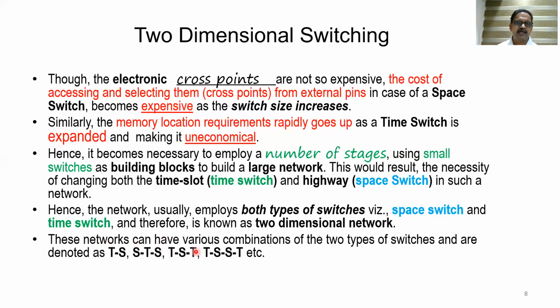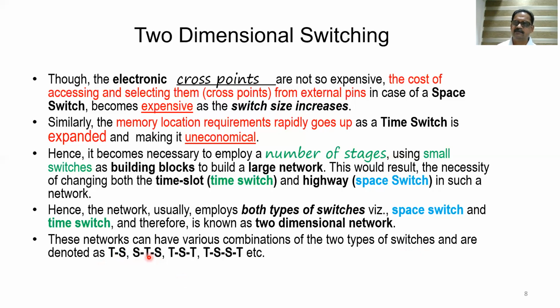These networks can have various combinations of the two types of switches and are denoted by the various combinations of time and space. It can be TS, that is time stage and space stage, or you can have space stage, time stage, and space stage.